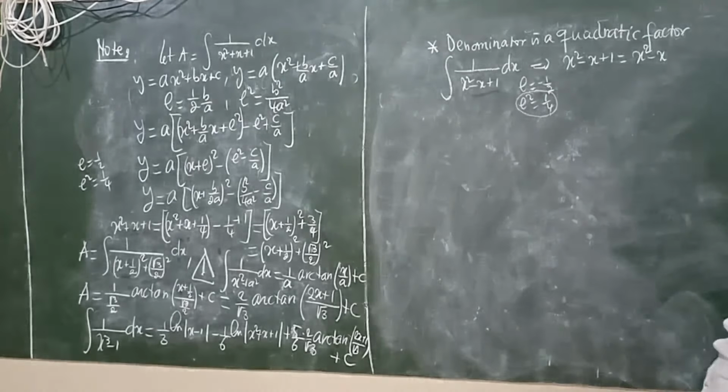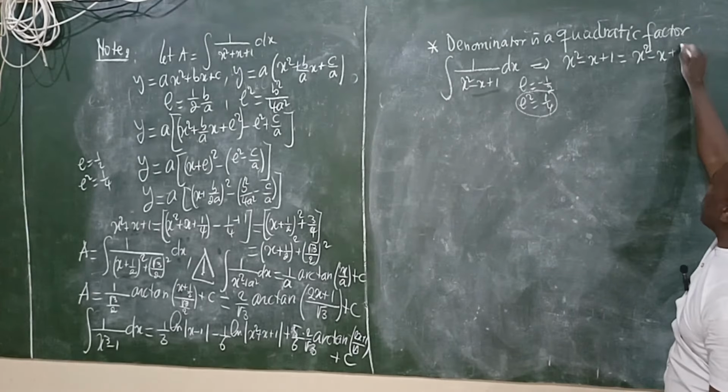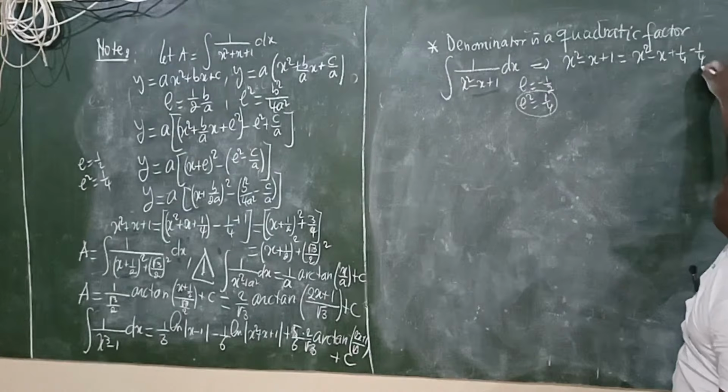This will be x power 2. Remember, to have e, we divide the coefficient of x by 2, that is minus 1 over 2. And e power 2 will be 1 over 4. That's what we are going to add here: plus 1 over 4 minus 1 over 4.